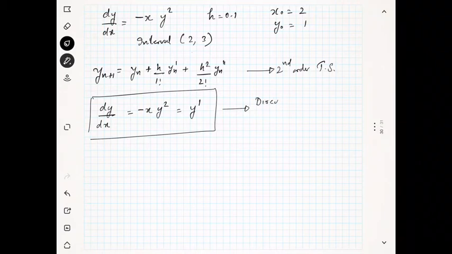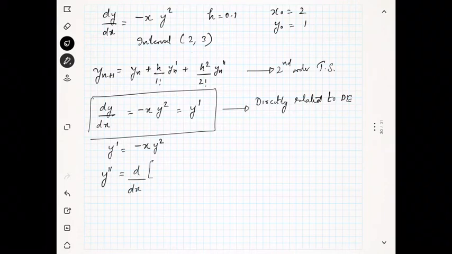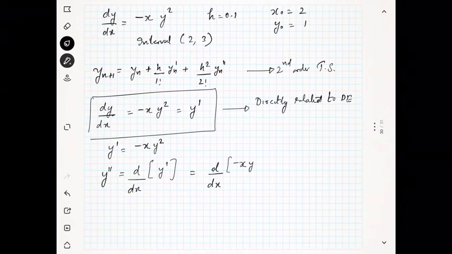So we got y dash is equal to minus x into y square. Now we want to find y double dash. That means we want to find d by dx of y dash, which is nothing but y double dash. And y dash is minus x into y square.